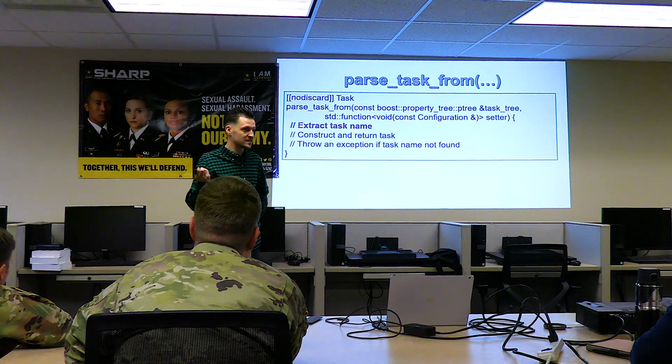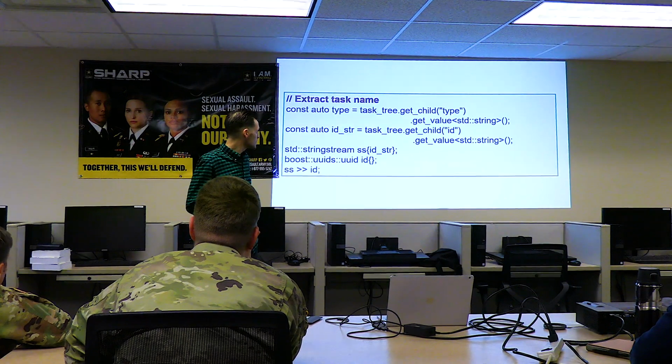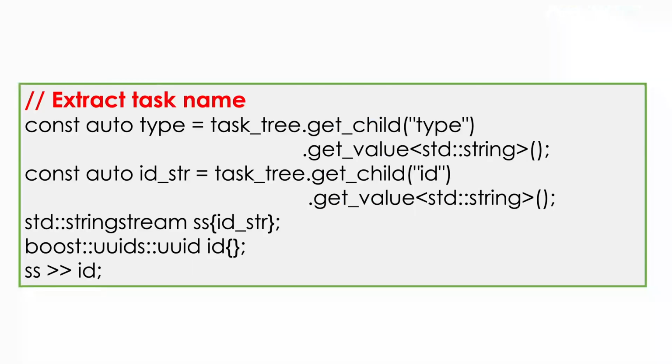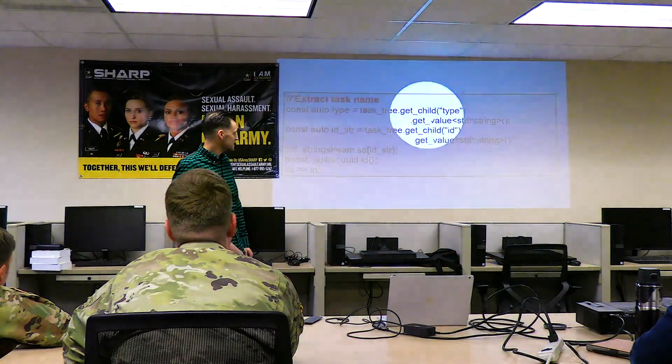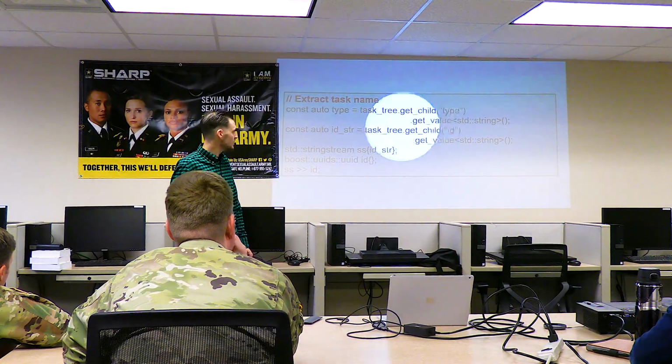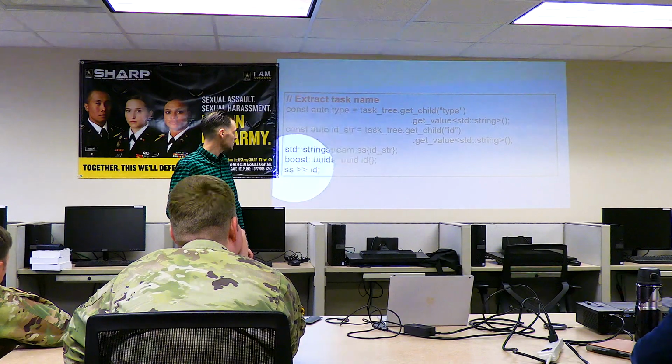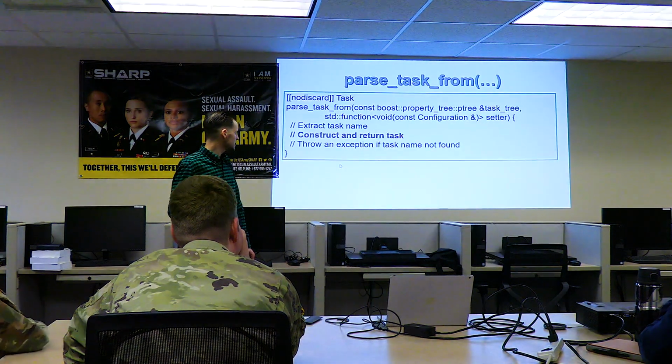First thing is we're going to extract the task name out of the JSON. This is just the syntax for Boost property trees. Not rocket science here. You pull the type out of that JSON blob and the ID. So we just pull those out. Pretty easy.